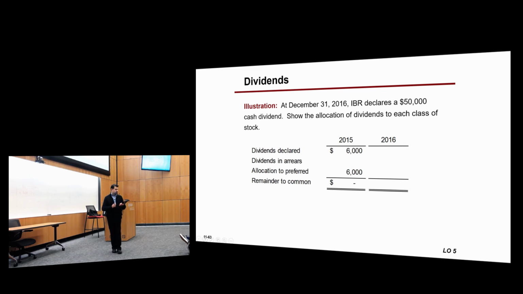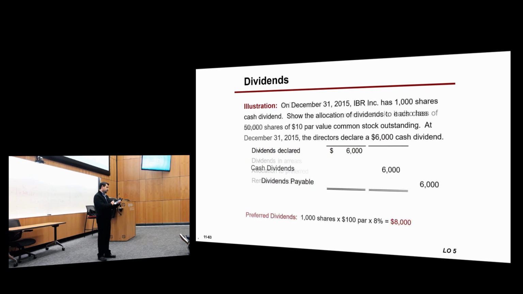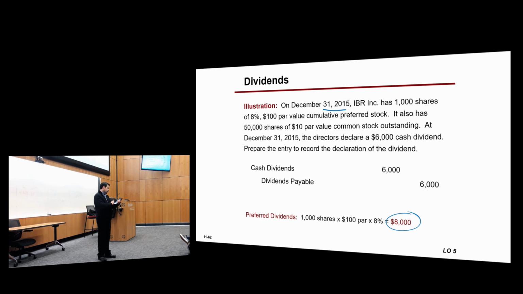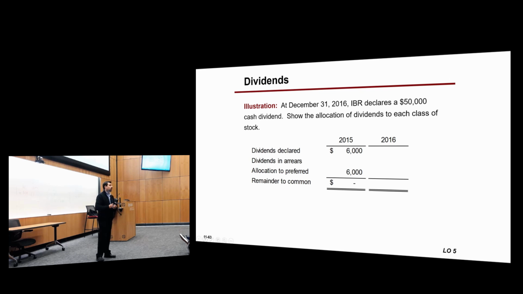At December 31st, that was in 2015. The following year, the company declares $50,000 cash dividends. Again, how much does preferred stock get at this point? 8,000 plus the 2,000 from the previous year.